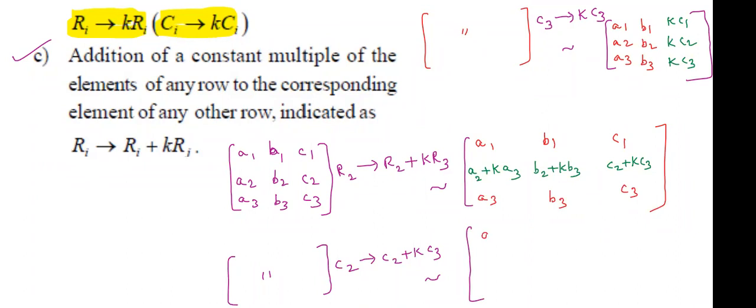Those are A1, A2, A3. Columns now. Next, B1 plus KC1, B2 plus KC2, B3 plus KC3.